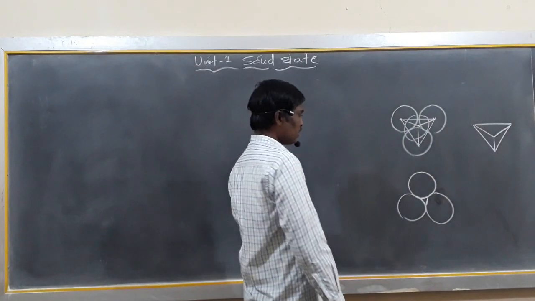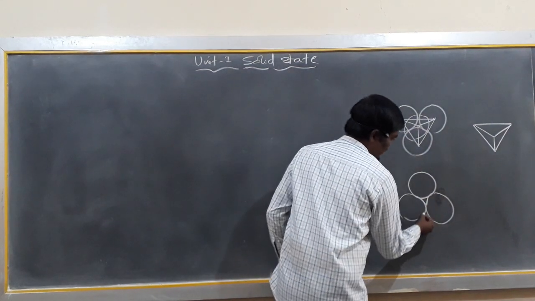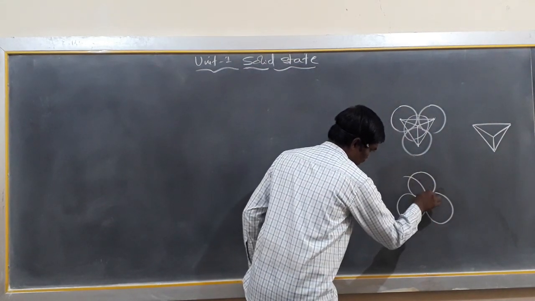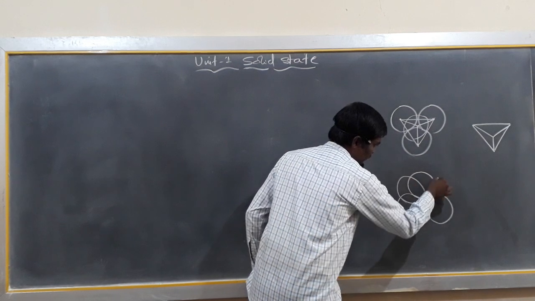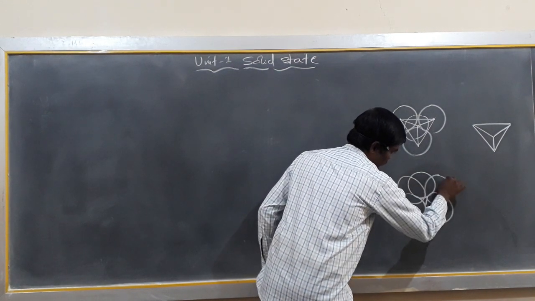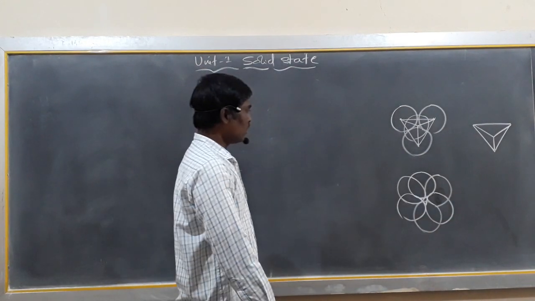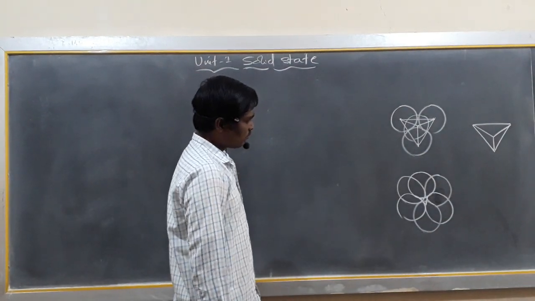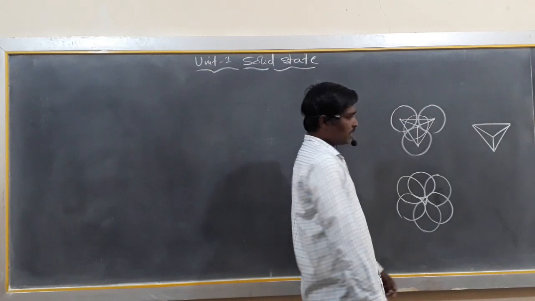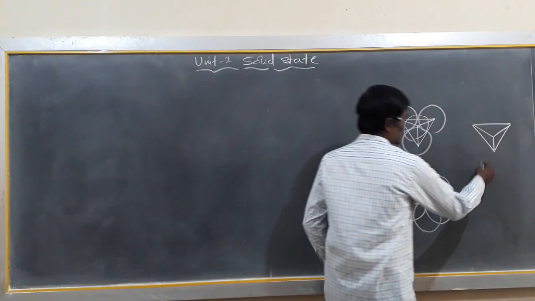In the first layer and in the second layer, there are three spheres which cover the B type of voids. When we join the centers of all these spheres, it forms an octahedron.